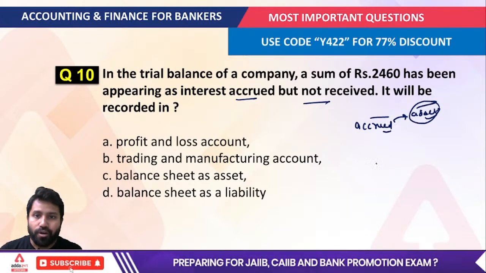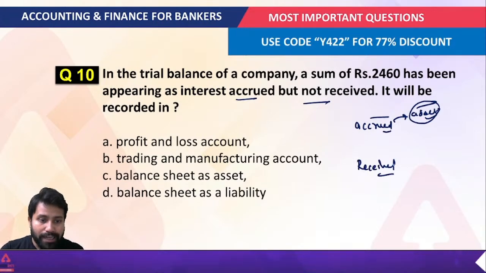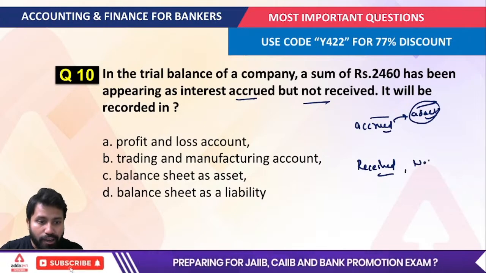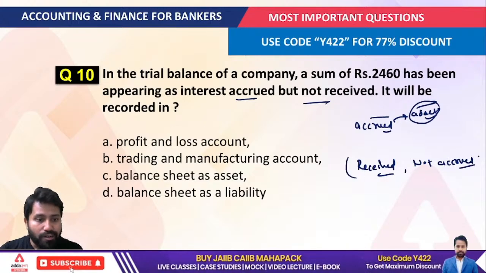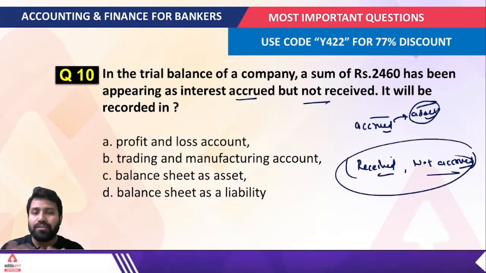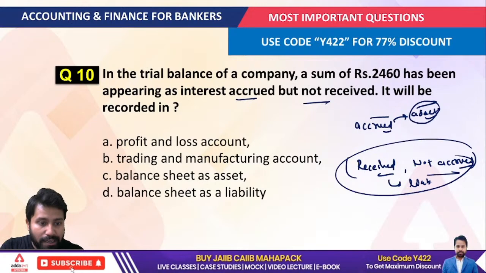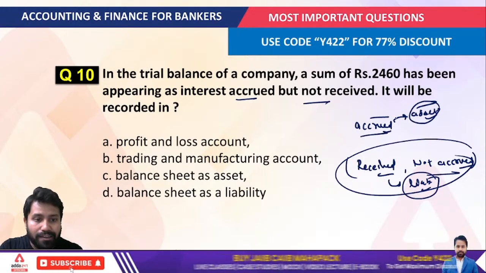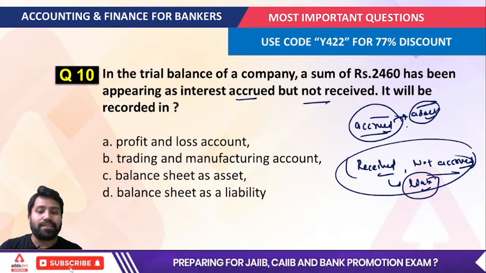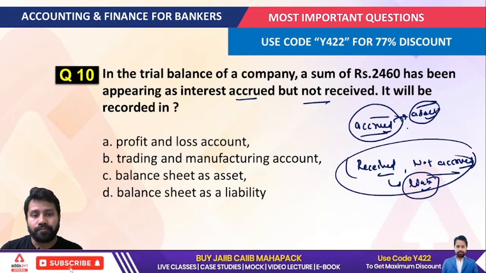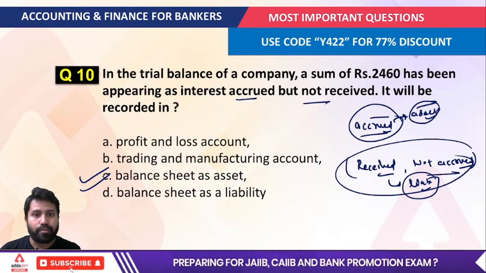Whenever you find something that is received but not accrued, that means you actually received it but it is not accrued yet, and this is a kind of liability. But anything that is accrued but you have not received, you can understand as an asset for the company. So the correct answer is the balance sheet as an asset.